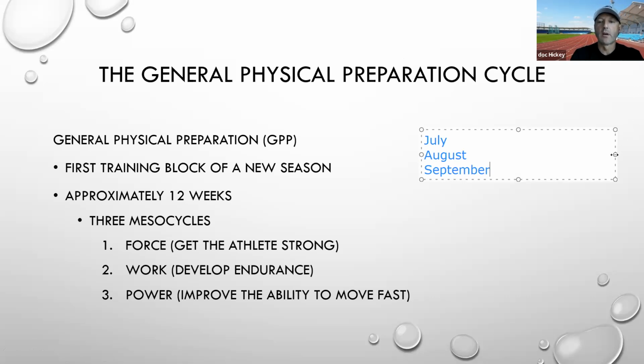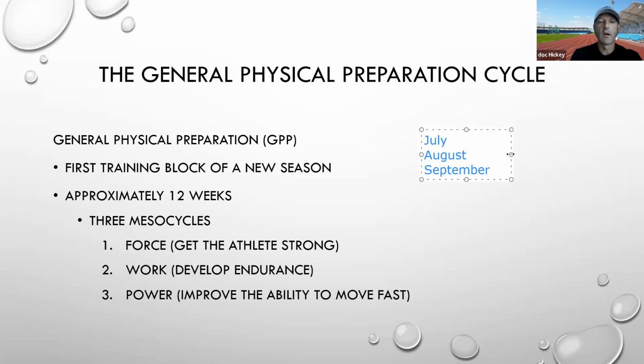We would play until May, and then we'd give them the month of June as our active rest period, where I want you to stay healthy, I want you to stay active, but I also want you to rest and recuperate from the previous season, because in July we're going to get going.